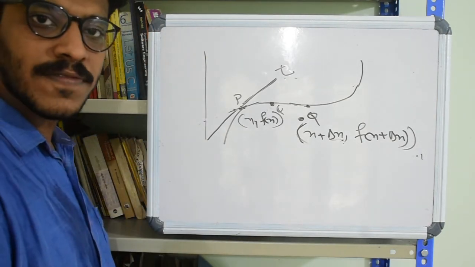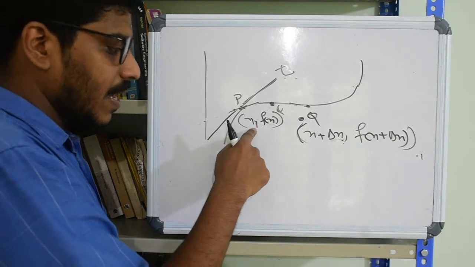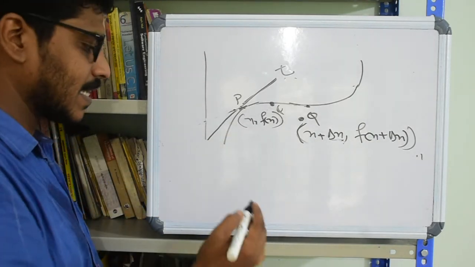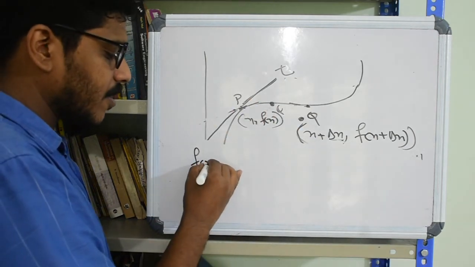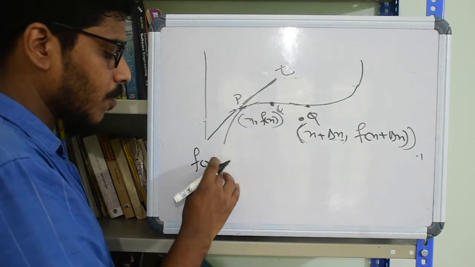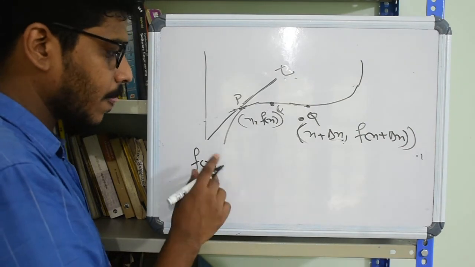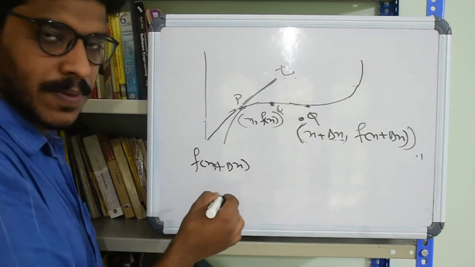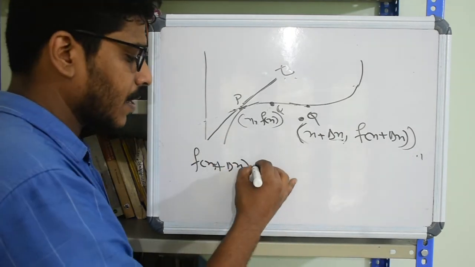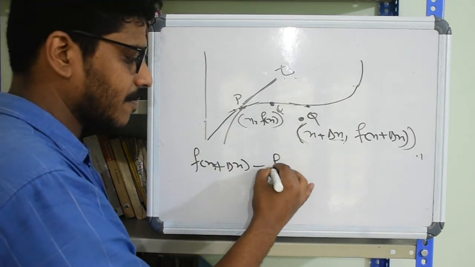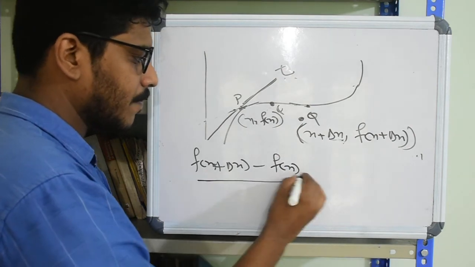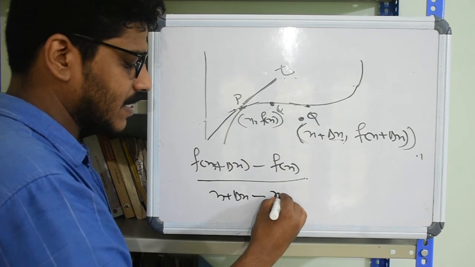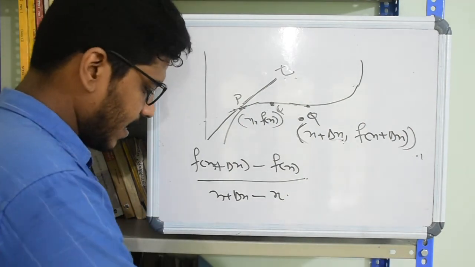The new 2 points of the secant line are x, f of x and x plus delta x, f of x plus delta x. Then we can write the slope of the secant line as f of x plus delta x minus f of x divided by x plus delta x minus x, which is delta x.